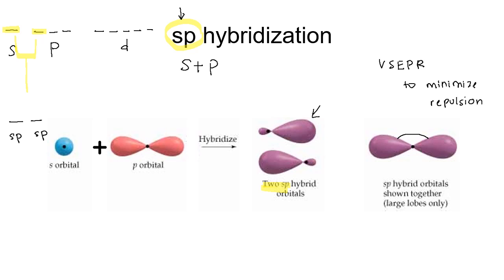Okay, so you will have two sp hybrid orbital arrange themselves as far as possible, and this shape will be according to the electron pair geometry, which is basic shape. Ini adalah linear. Okay, sebab dia akan susun sejauh mungkin.